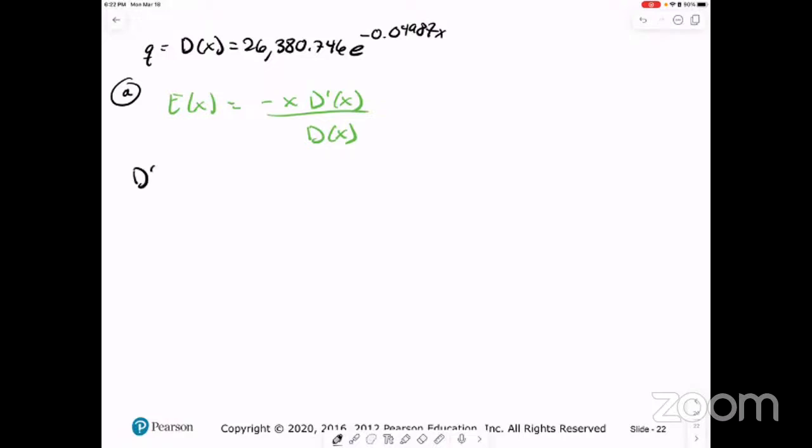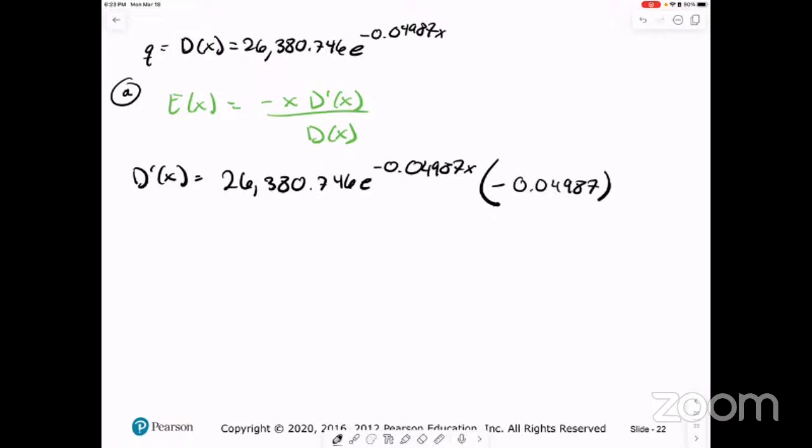The derivative of e is itself times the derivative of the power. So that's going to be 26,380.746 e to the negative 0.04987x times the derivative of the power, which is negative 0.04987. So that's our D prime. I'm going to leave it like that for now.